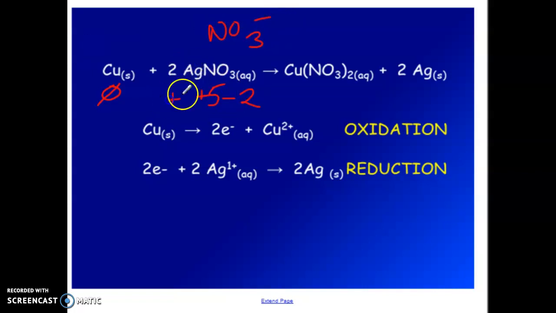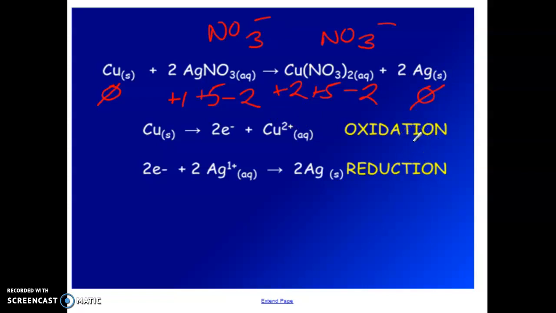Silver is a simple ion, which is +1. Now, notice this should make it a bit easier for you. Nitrate is still nitrate on this side. So it's still NO3 -1. So that means the nitrogen is a +5 and oxygen is still -2. The copper, however, is a copper ion, so that is +2. Silver is in its elemental form.